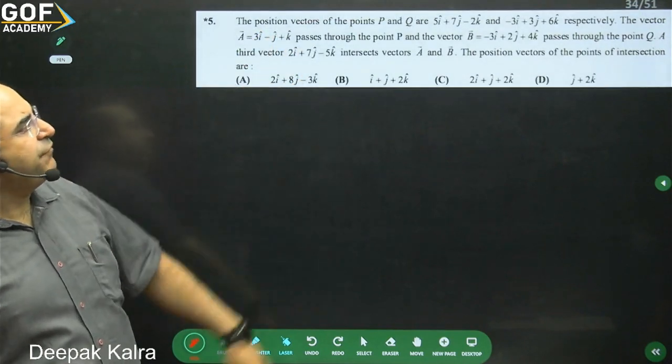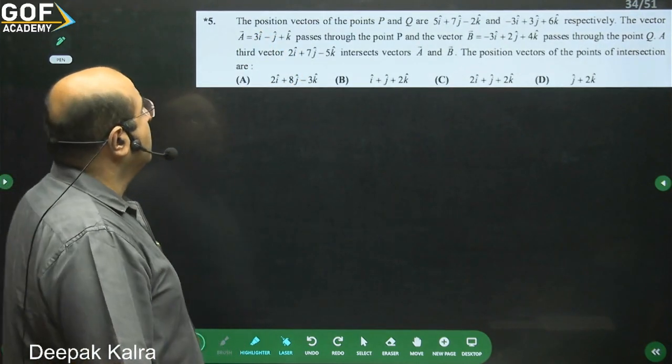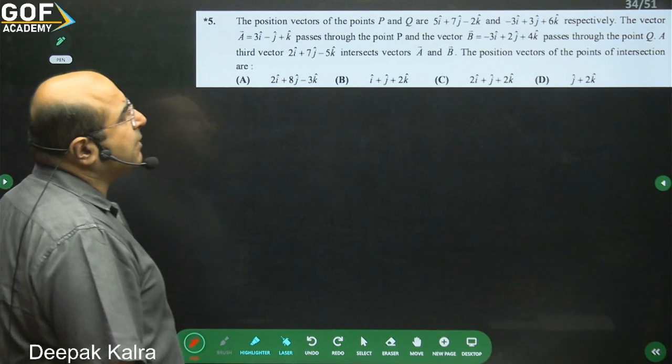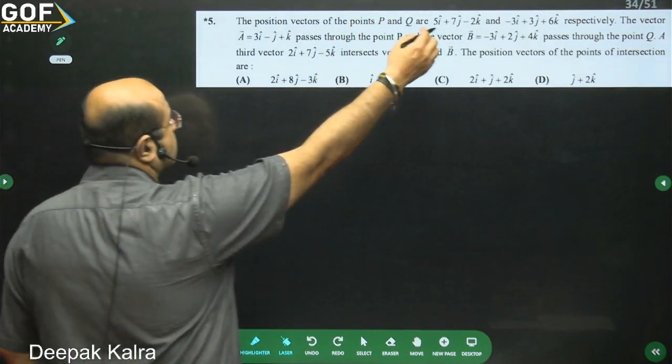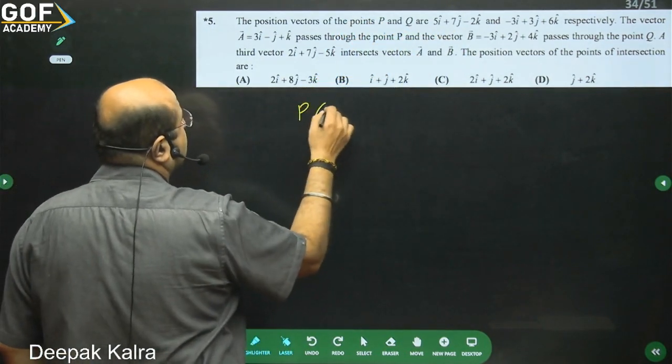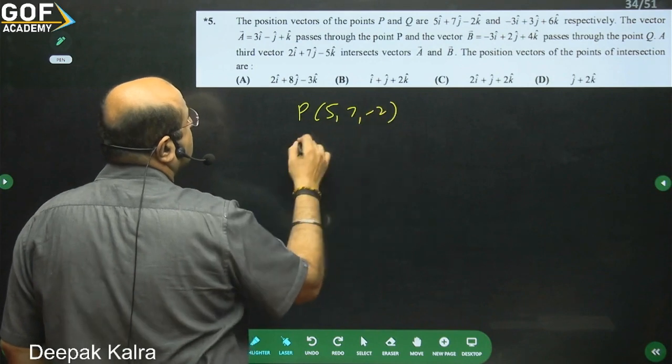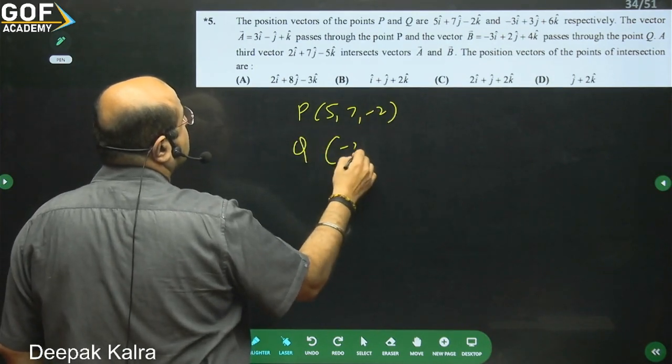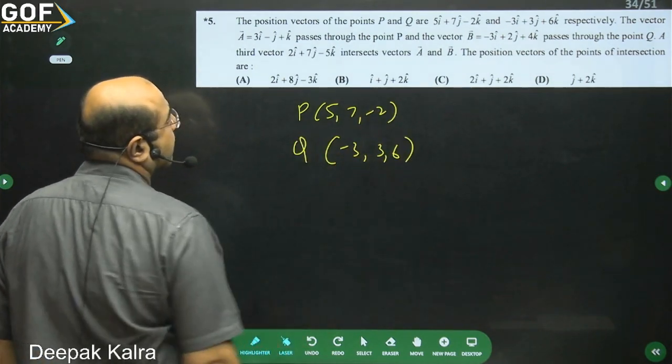So going to the 5th one now. The position vectors of points P and Q are given. P is given as 5, 7, minus 2. Q is given as minus 3, 3 and 6.